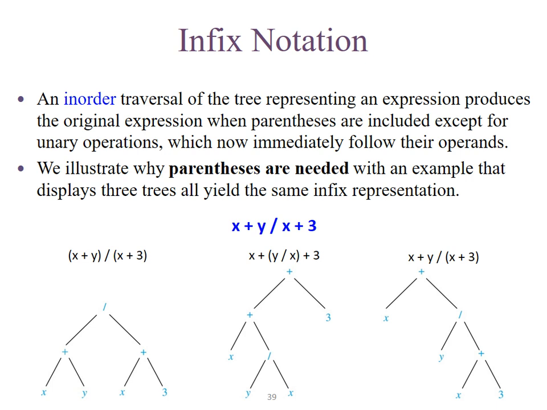For the divide node's left and right subtrees, we visit the left subtree first, and for this left subtree, we visit x first. So we have x plus y divided by x plus 3.